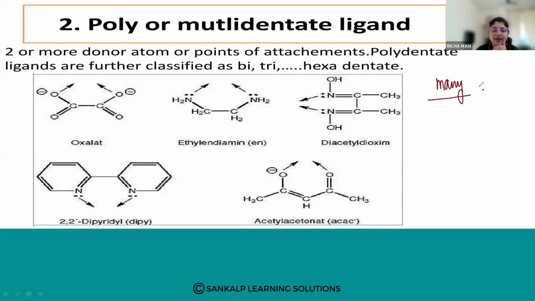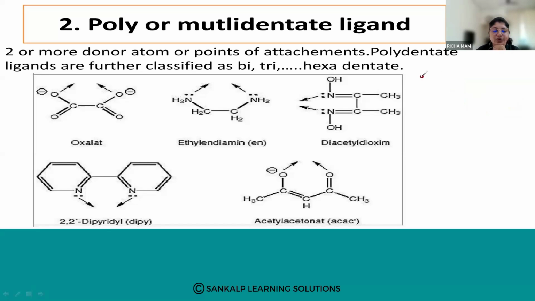A ligand which is bonded to a metal ion through two or more donor atoms is termed polydentate. If it is two or more, from two up to six, then it is again classified as what?